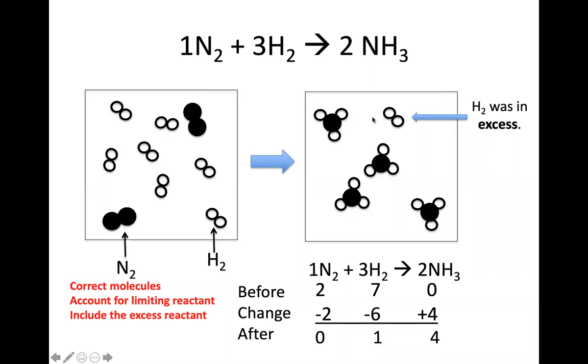Will you have one like this on your exam? Excellent possibility. I've seen this one many times, and by this one I mean a particle representation where you need to identify what's in the container afterwards, and keeping track of it with a BCA table doesn't hurt.